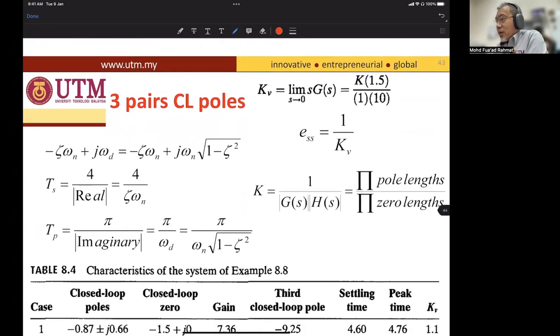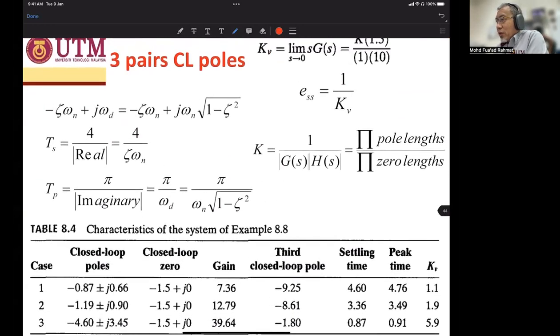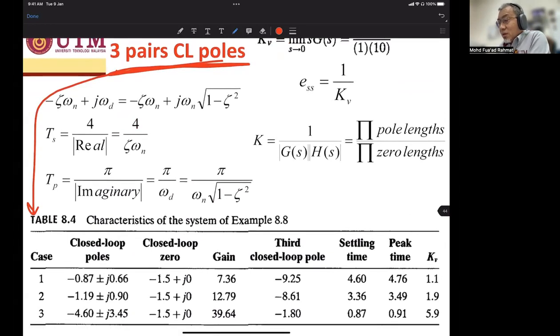So come back to the intersection point. We have 3 pairs of closed loop poles, 3 pairs of dominant poles as listed in the table. Which is number 1, number 2, number 3. So it will create 3 cases, or 3 pairs of dominant poles with 3 different gain values, which is 7.36, 12.79, and 39.64.